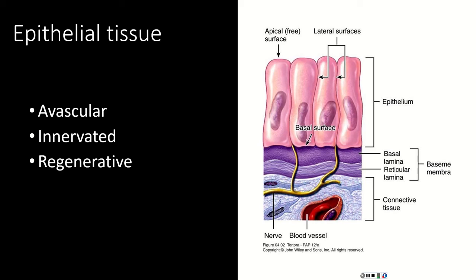Epithelial tissue is innervated. That means it has nerve endings. And as we mentioned earlier, it tends to have a lot of nerve endings. And epithelial tissue is highly regenerative. We will talk about regeneration towards the end of this lecture, but regenerative just means if this tissue is damaged, it can be pretty easily replaced with the exact same tissue.